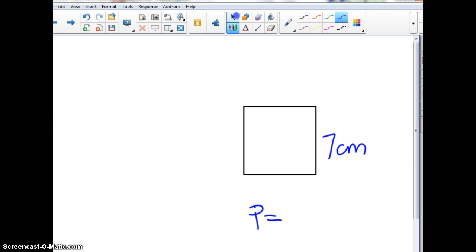Sky? Okay. What does perimeter mean? Perimeter means the distance around the whole thing. Remember, just because I told you to put a 7 on one side, doesn't that mean all of the sides are 7 since this is a square? Okay, so what would the perimeter be?